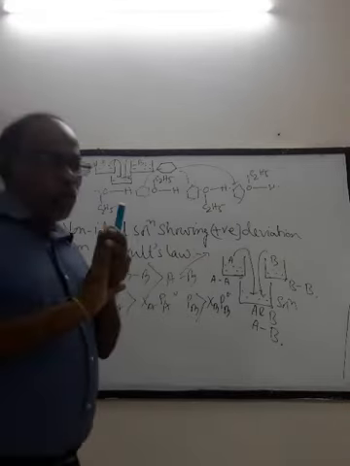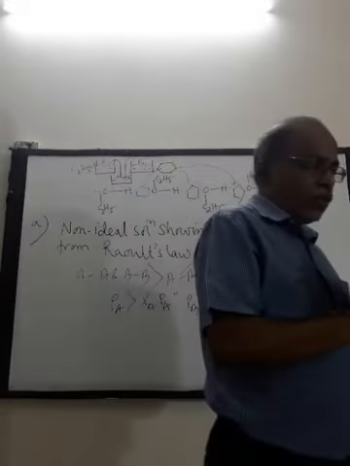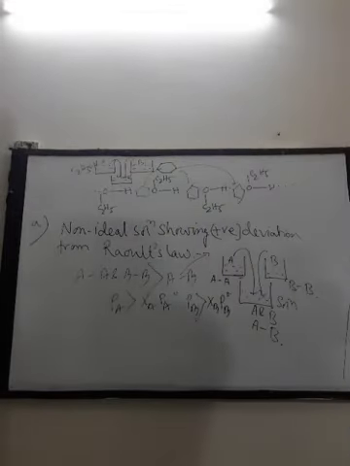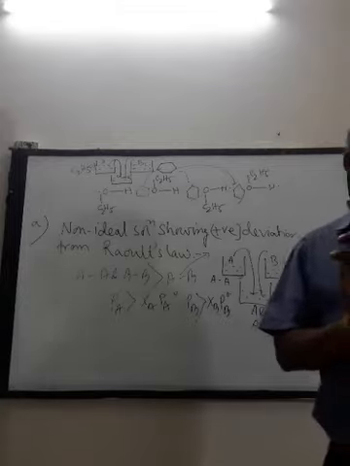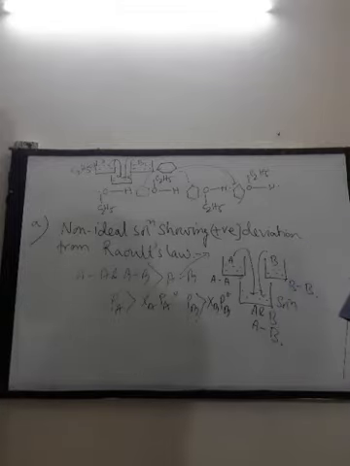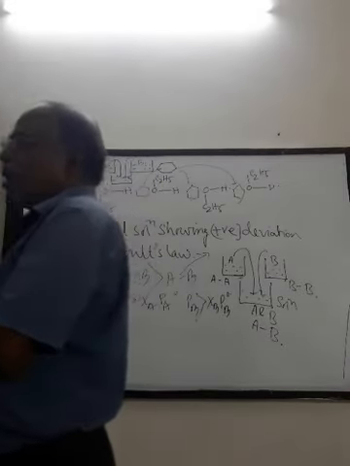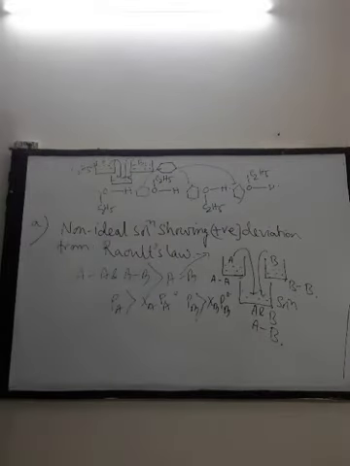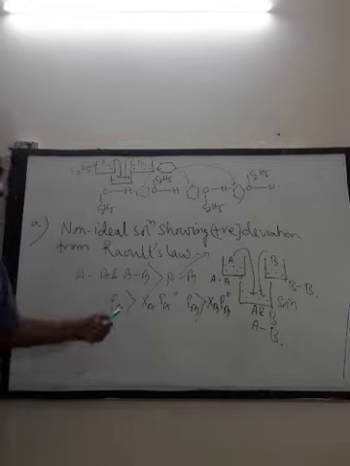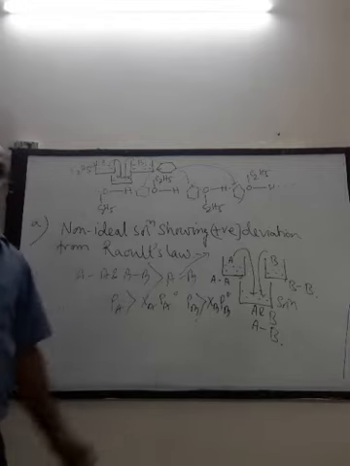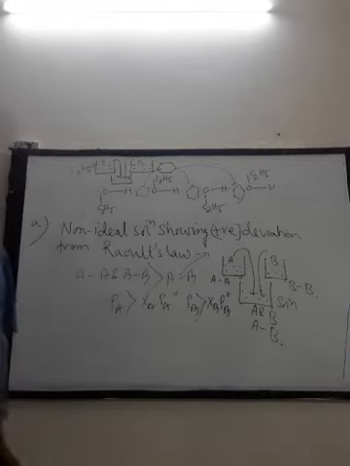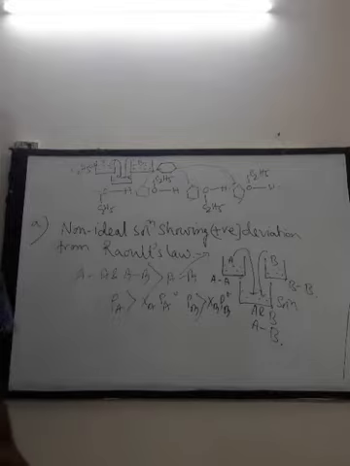So what are the four characteristics of a non-ideal solution showing positive deviation? First, the interaction before mixing is greater than the interaction after mixing. Second, none of the components obeys Raoult's law. In fact, the partial vapor pressure of each component is greater than the value expected from Raoult's law.